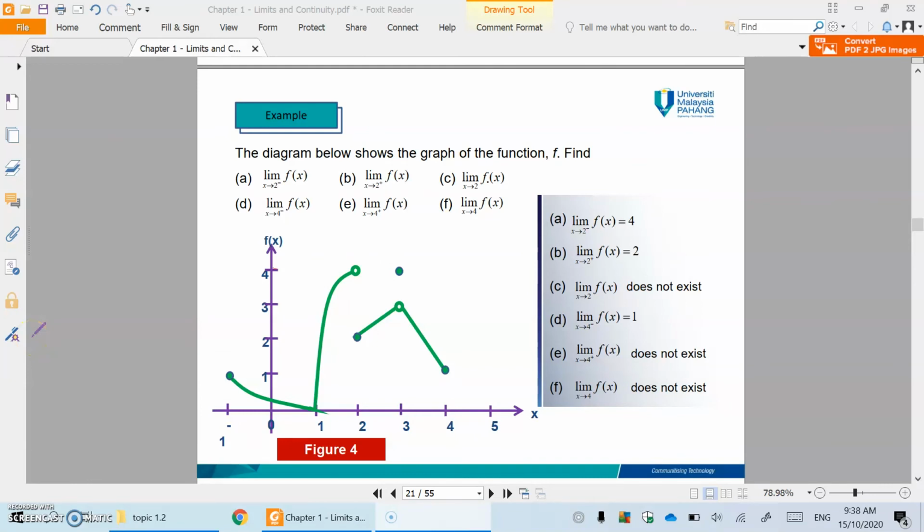Okay, last example. The diagram below shows the graph of the function f. The question is to find the limit of f(x) as x approaches 2. We have the negative sign, which means x approaches 2 from the left. 2 is here.